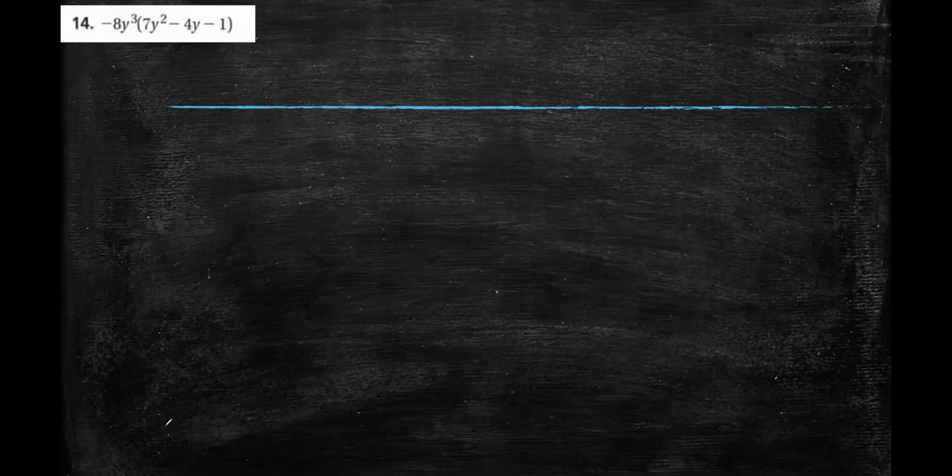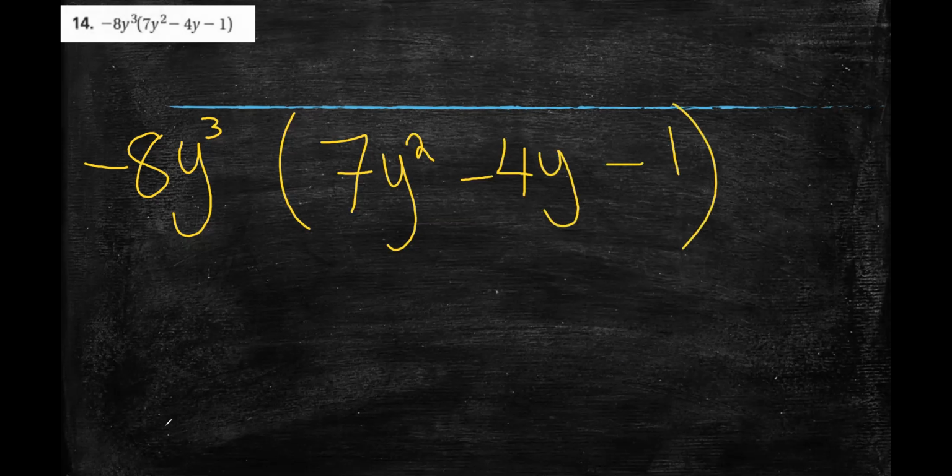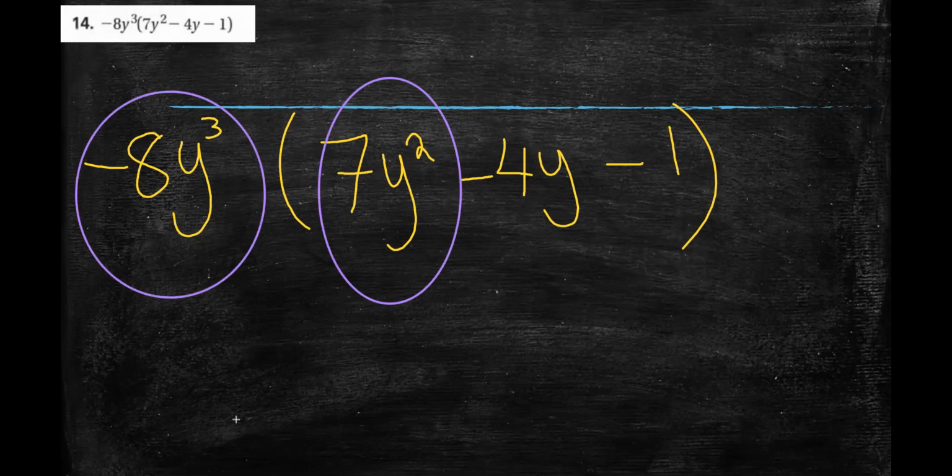Vertically here we have negative 8y cubed times 7y squared minus 4y minus 1. What do we have to do now? The first step, I want you to multiply this term with negative 8y cubed.